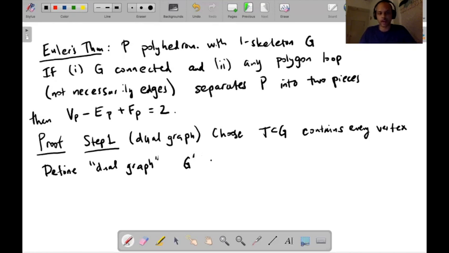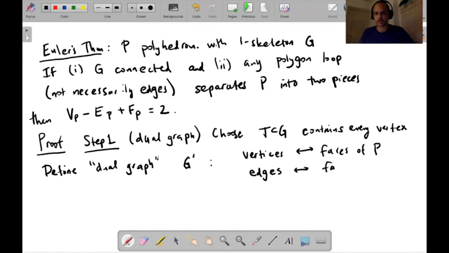Its vertices will be in one-to-one correspondence with faces of P, and two vertices are connected by an edge when the corresponding faces meet along an edge not in the maximal tree.